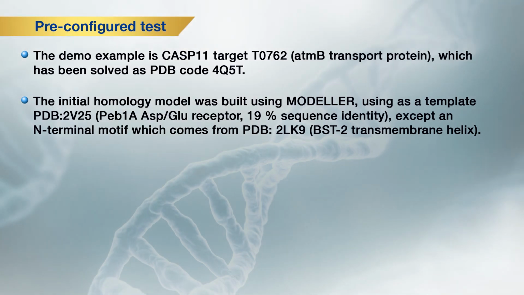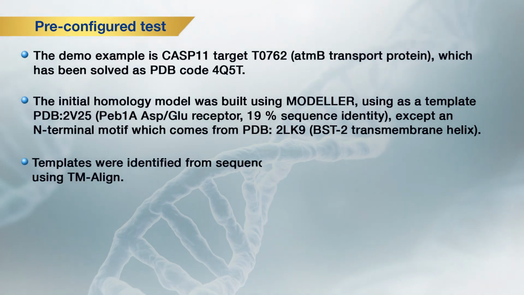The initial homology model was built through modeler using a template, PDB 2V25. This protein is a glutamine receptor protein which has 90% sequence identity, except an N-terminal motif which comes from PDB 2LK9. So there are two templates for developing this model protein: one is 2V25 and the second is 2LK9, which is a BST2 transmembrane helix.